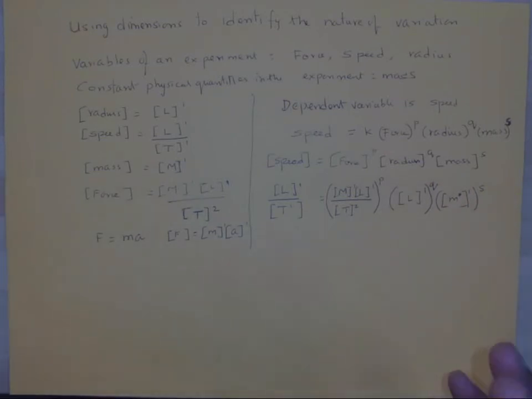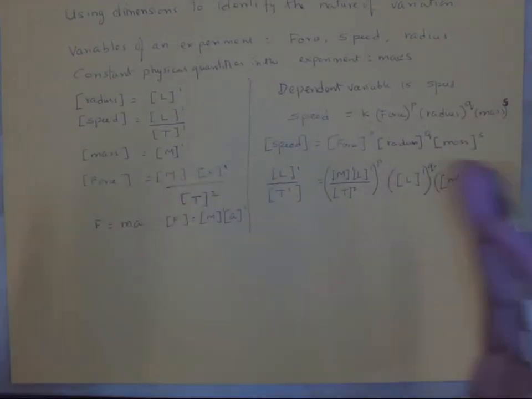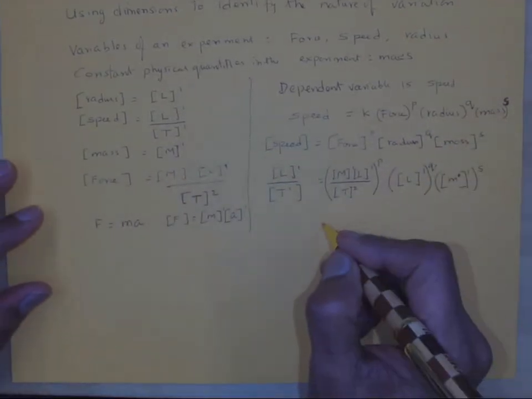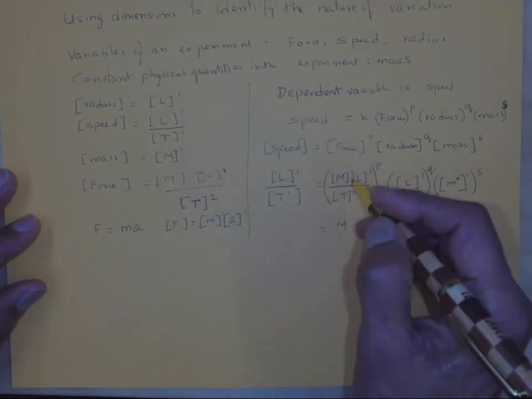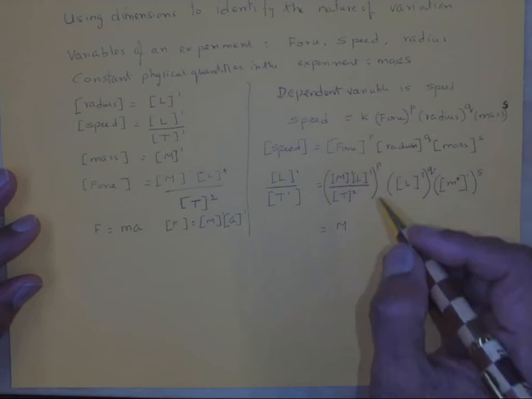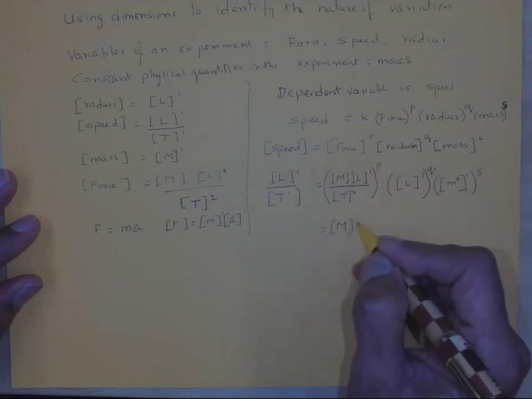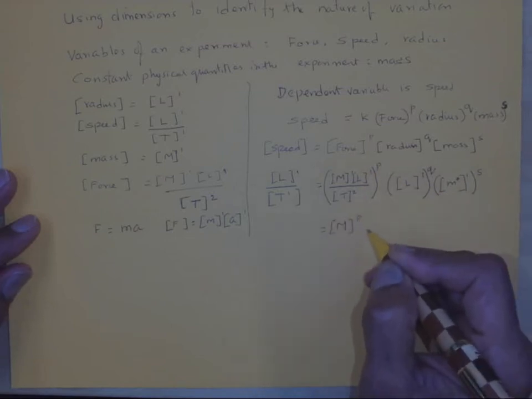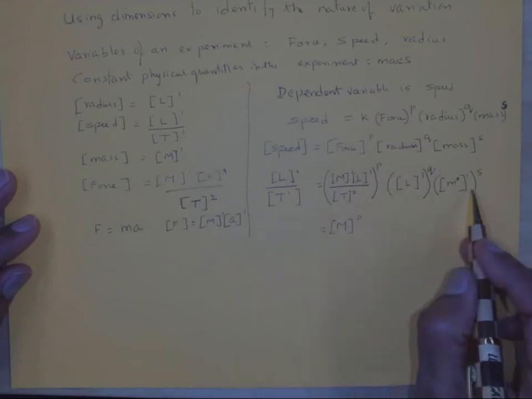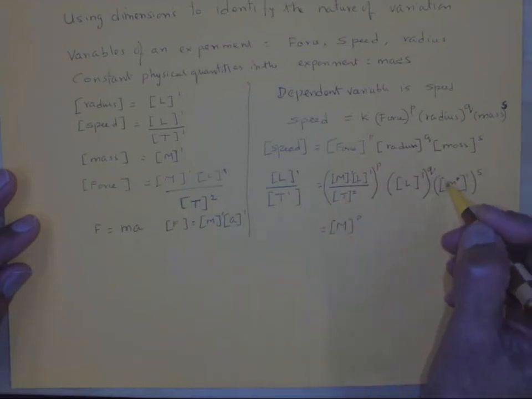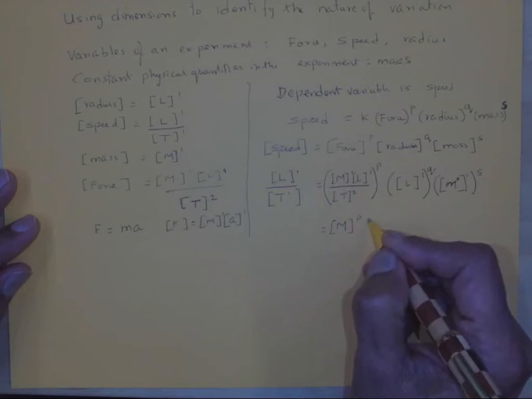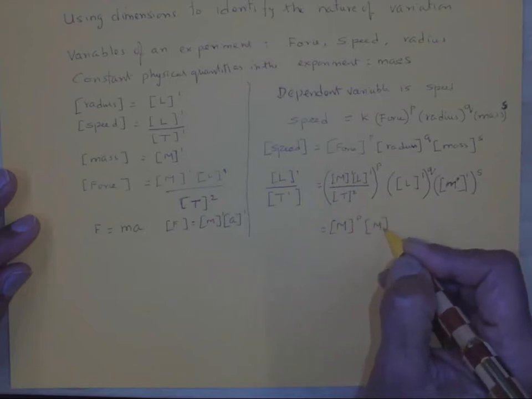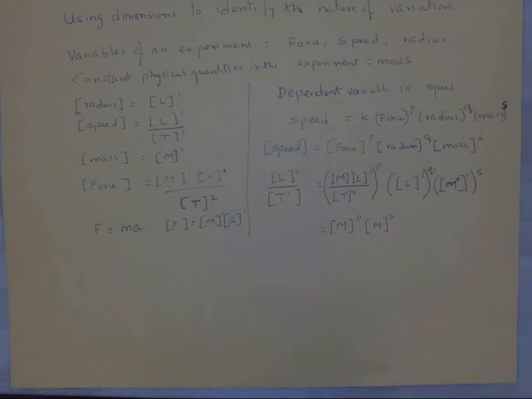So let us see how the right hand side would look after we combine all these powers. A little bit of algebra will tell us. M raised to 1 raised to P will be M raised to P. Then let us look for other M terms. There is M raised to 1 raised to S, so that will give me M raised to S. Let's look at the L terms.